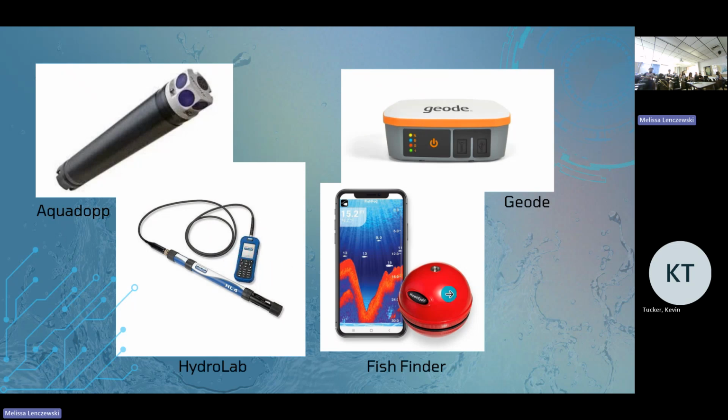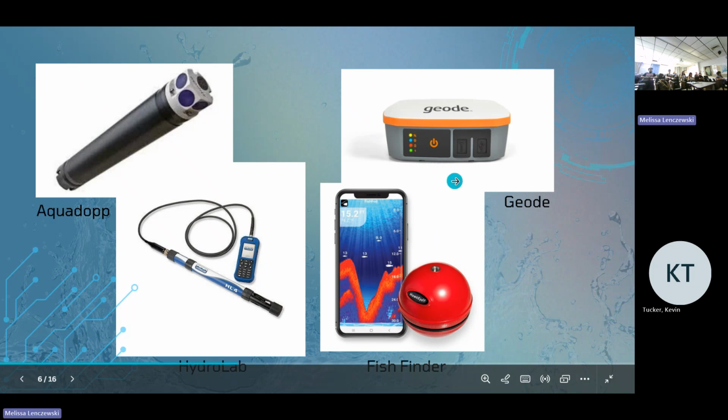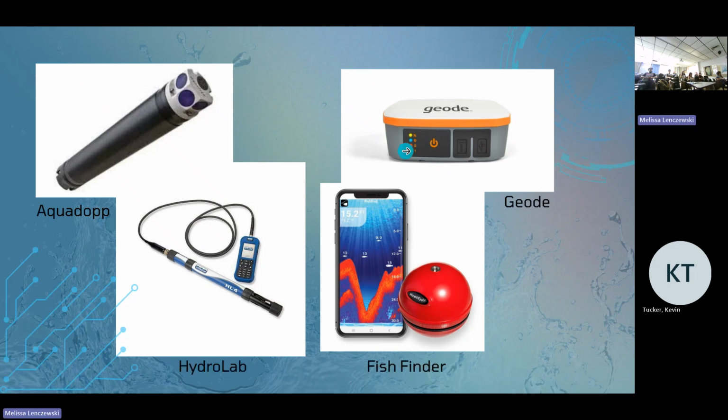This right here is the Chirp, and we're going to be using a field phone that has the Fish Finder app to collect the live data from the Chirp. And then this is the GPS Geode. It's a small box that I'll be carrying around with me with the fish finder, just to have secure GPS coordinates.